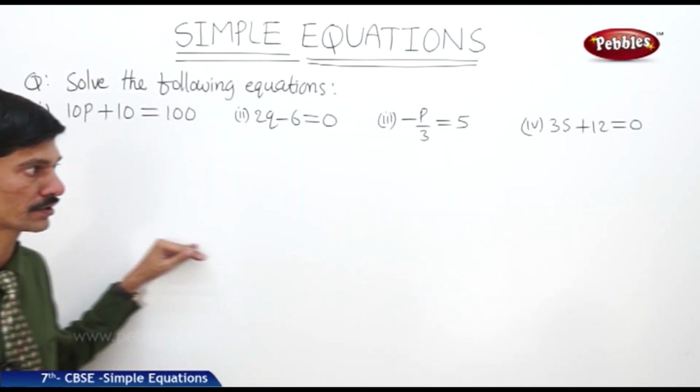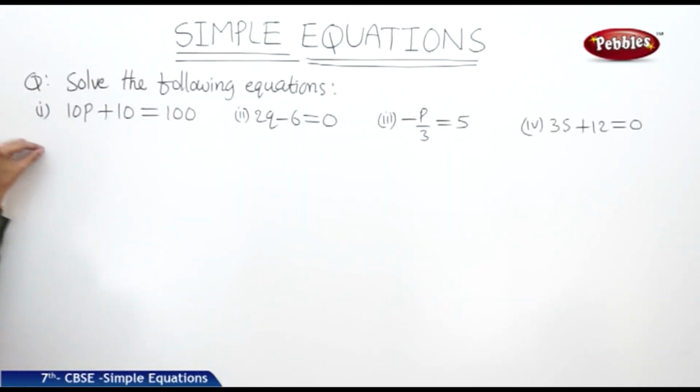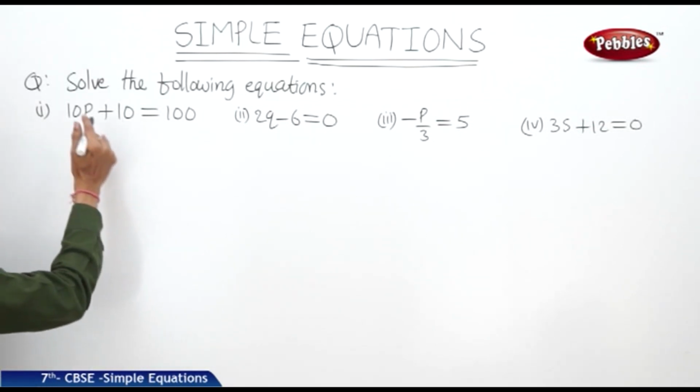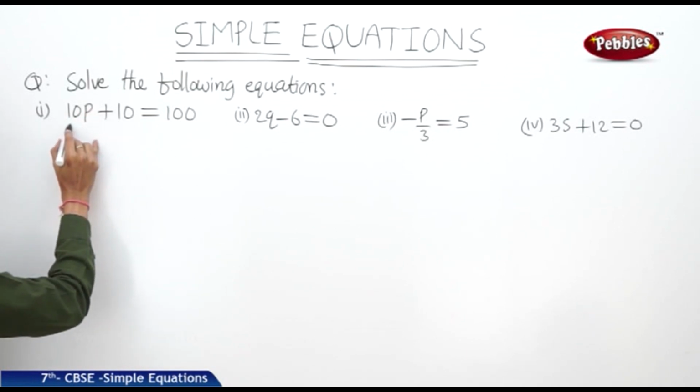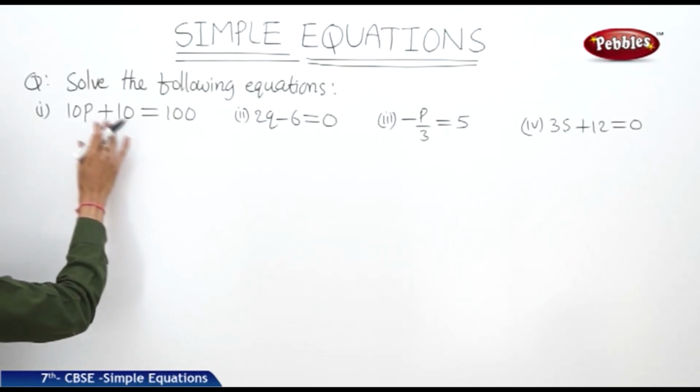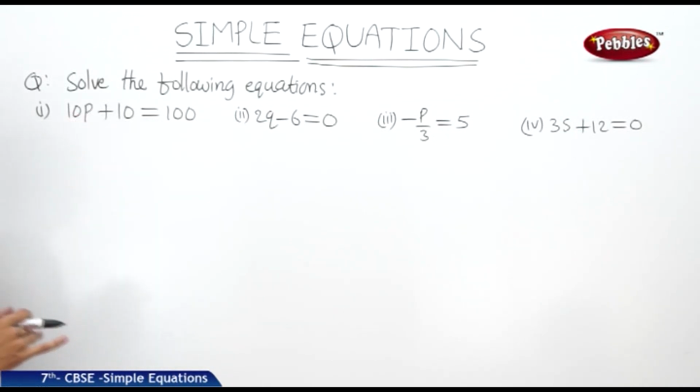Now let us solve the next question. Solve the following equations. Now the first equation is 10p plus 10 equals 100. So here in the LHS there are two terms, 10p and 10. So first, to separate p in the LHS, we have to remove plus 10. So how to cancel plus 10 in the LHS?